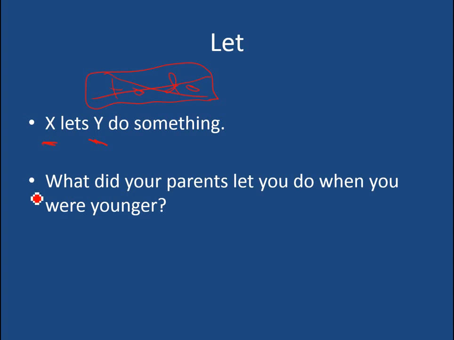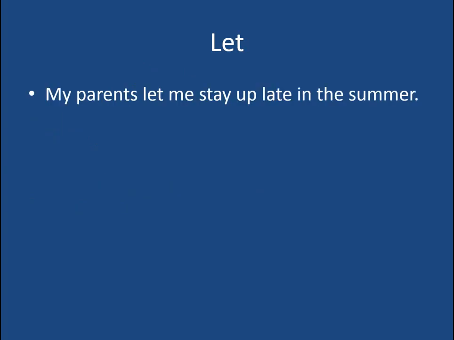So, what did your parents let you do when you were younger? My parents let me stay up late in the summer. Let me stay. X lets Y, and then plus the verb, stay.